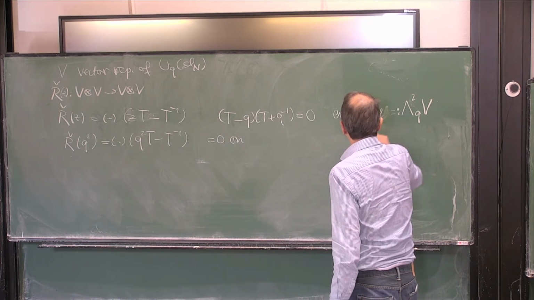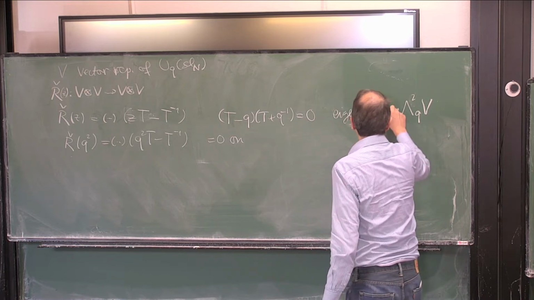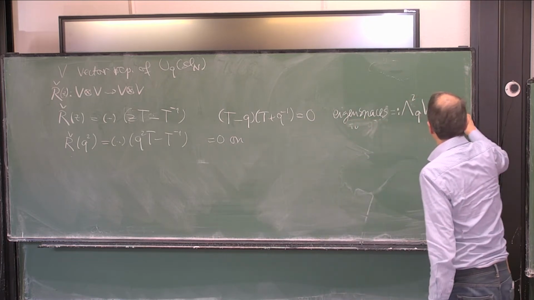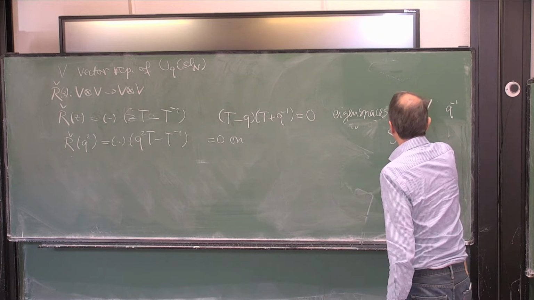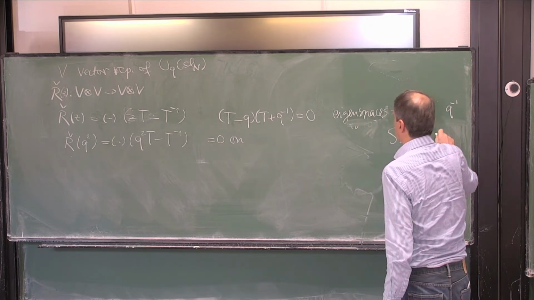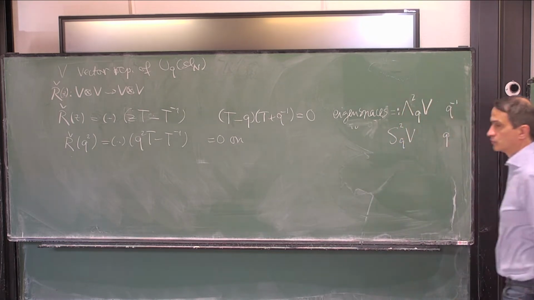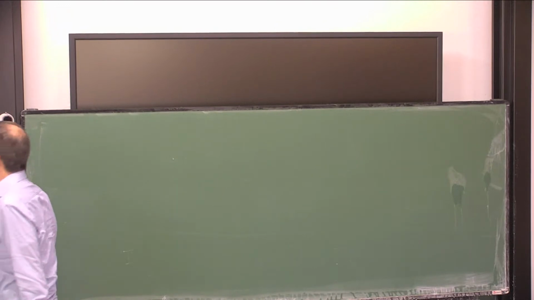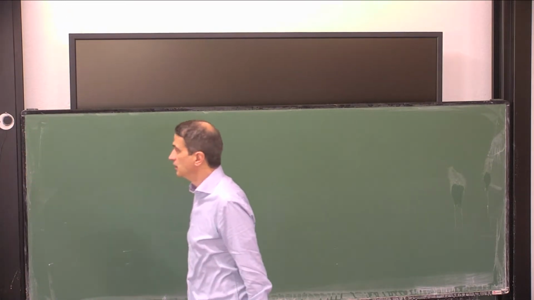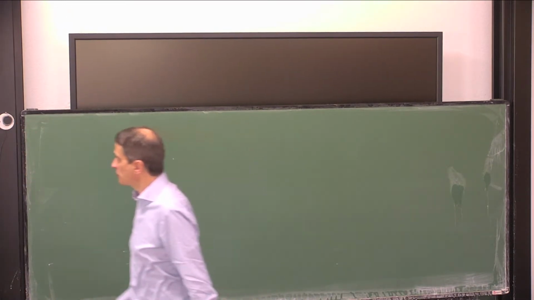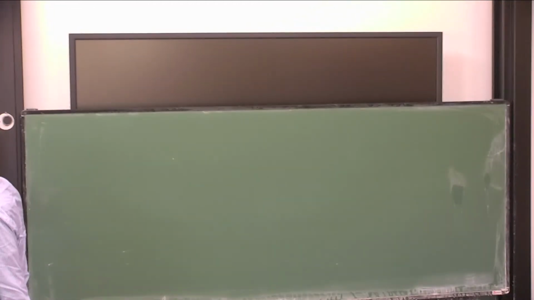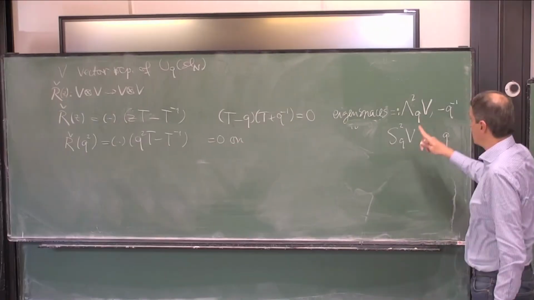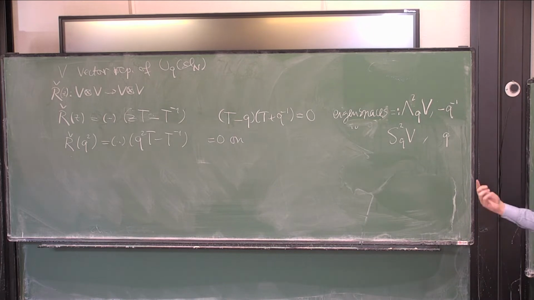And so eigenspaces, so this is for Q inverse, and S2QV for Q, minus Q inverse. So that's the definition of those wedge 2 and S2. These are two subspaces which, if Q equals 1, are the skew symmetric tensors and the symmetric tensors.